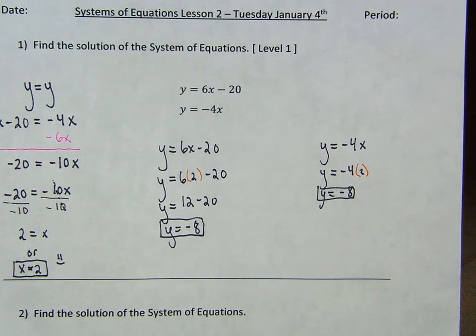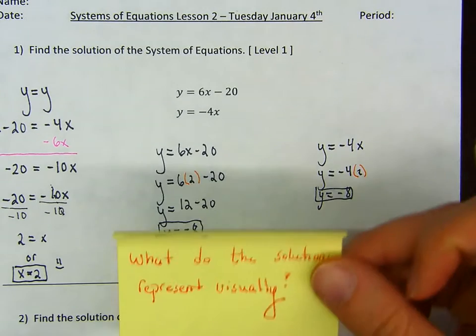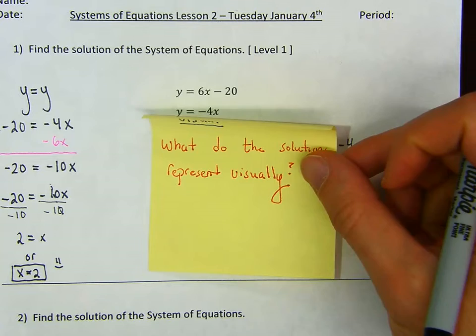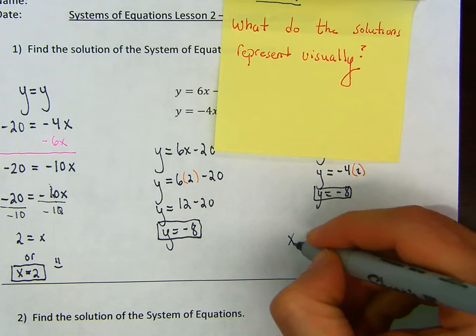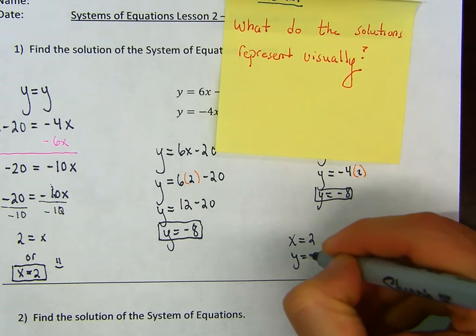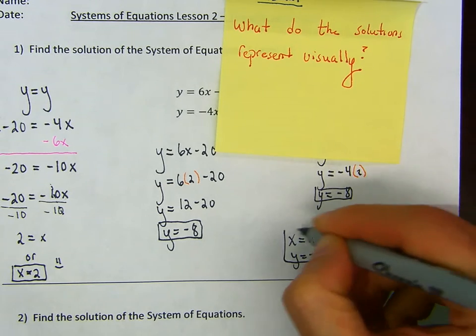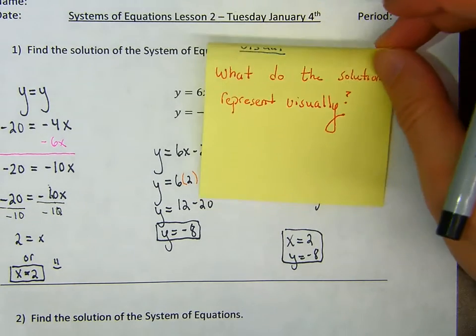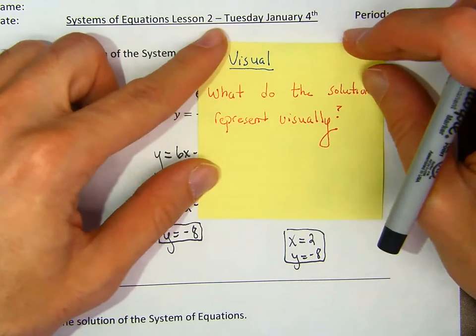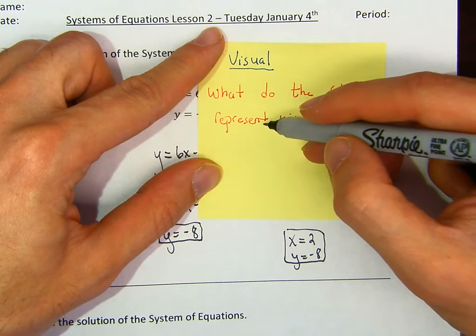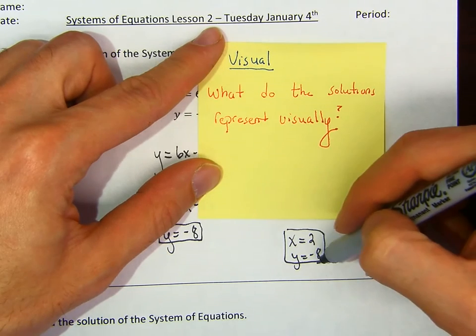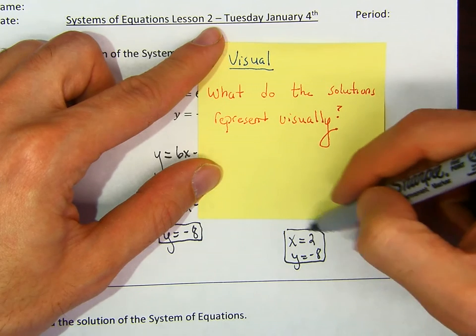Now, to really understand what's going on, notice that for x we got 2, and for y we got negative 8. The question that we really need to examine very quickly is, what do the solutions represent visually? This has a visual representation.